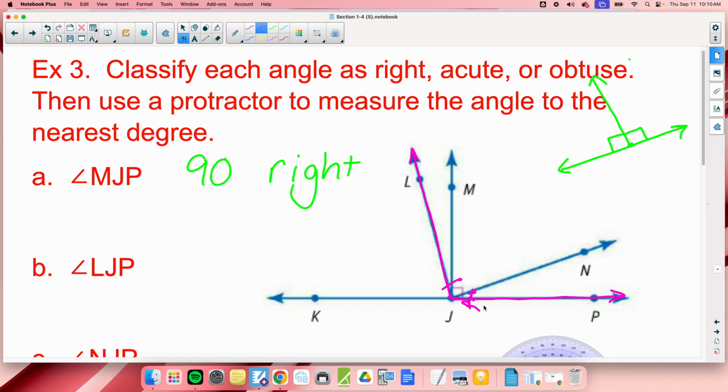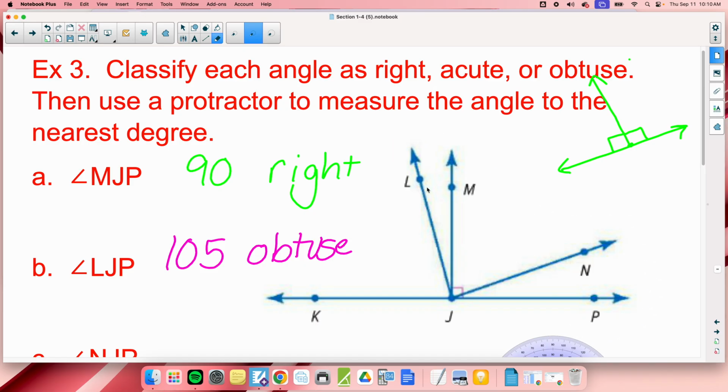Would you say like 105? Something like that? So let's just say 105. And because it's bigger than 90, it's obtuse. So for that one, if you said 100, if you said 110, anywhere in that ballpark would be correct. You don't have to be exact.